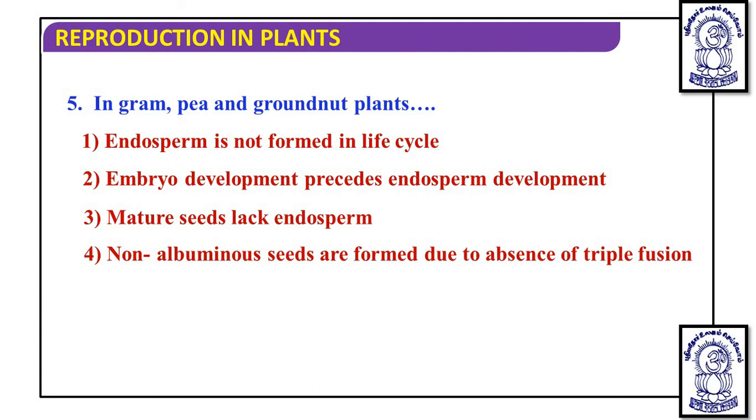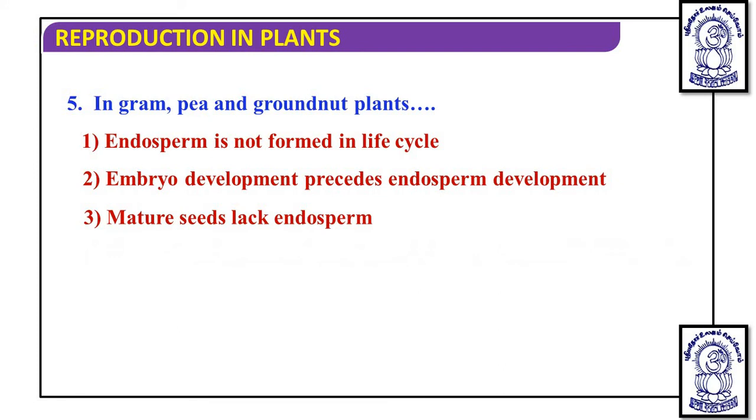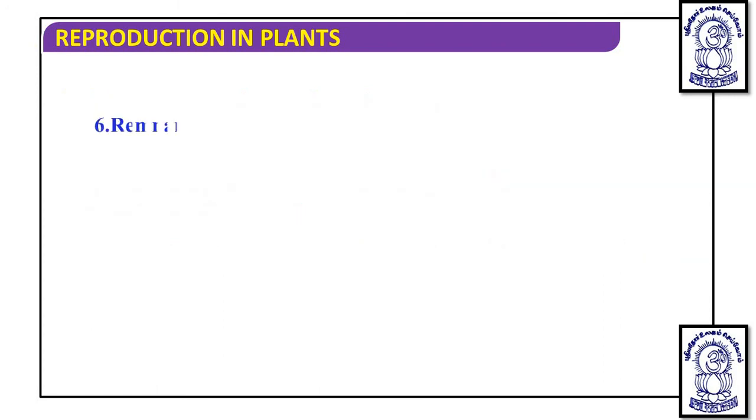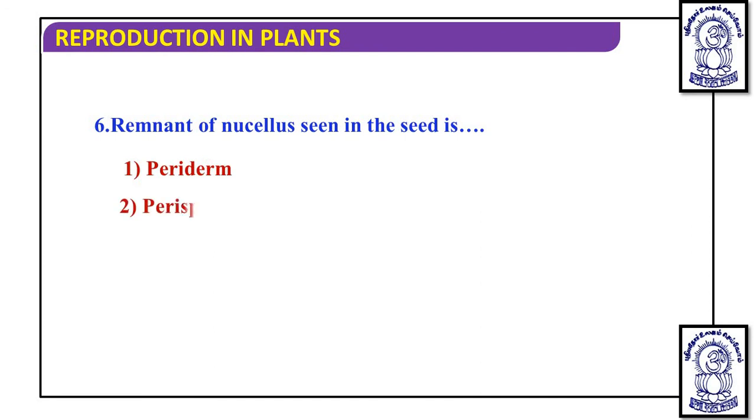Actually endosperm is formed, but in mature seeds endosperm will be absent, so they are non-endospermic seeds. Mature seeds lack endosperm. The remnant of nucellus in the seed, the persistent nucellus, is known as perisperm.